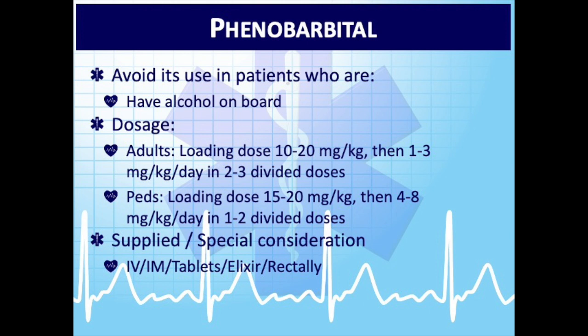So not the sedation that you would see with one, not the sedation that you'd see with the other one, but when combined, you get a lot of sedation, respiratory depression, etc. That's why you wouldn't use it with alcohol, and that's why it's not prescribed a lot for adult patients. They'll be on phenobarb, they'll have a drink or so, and they get really drowsy, really sedated, to the point where they just can't function.